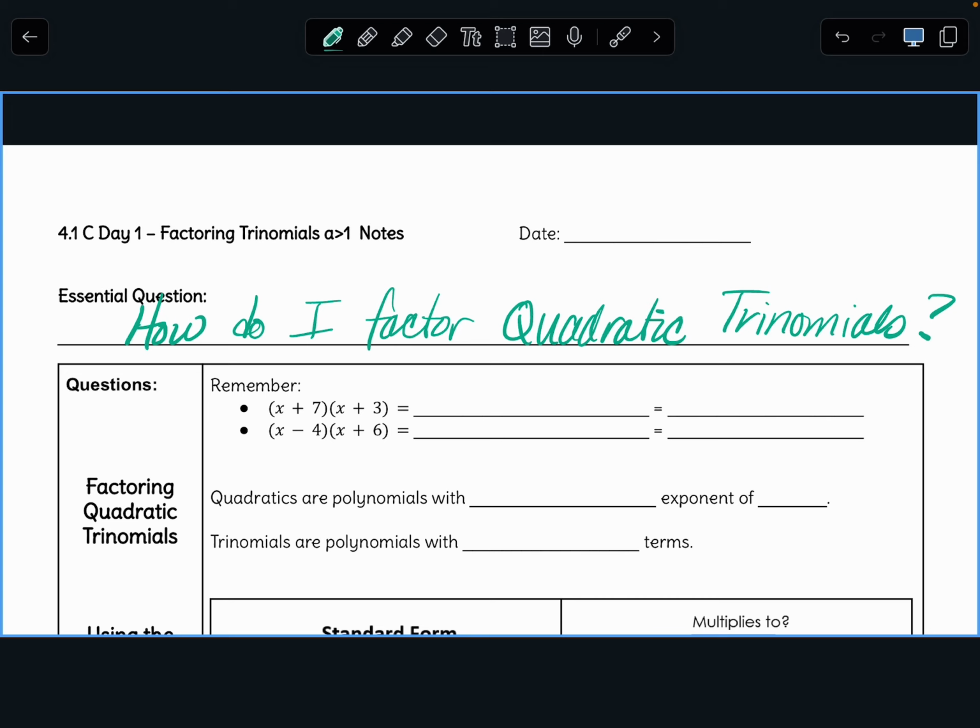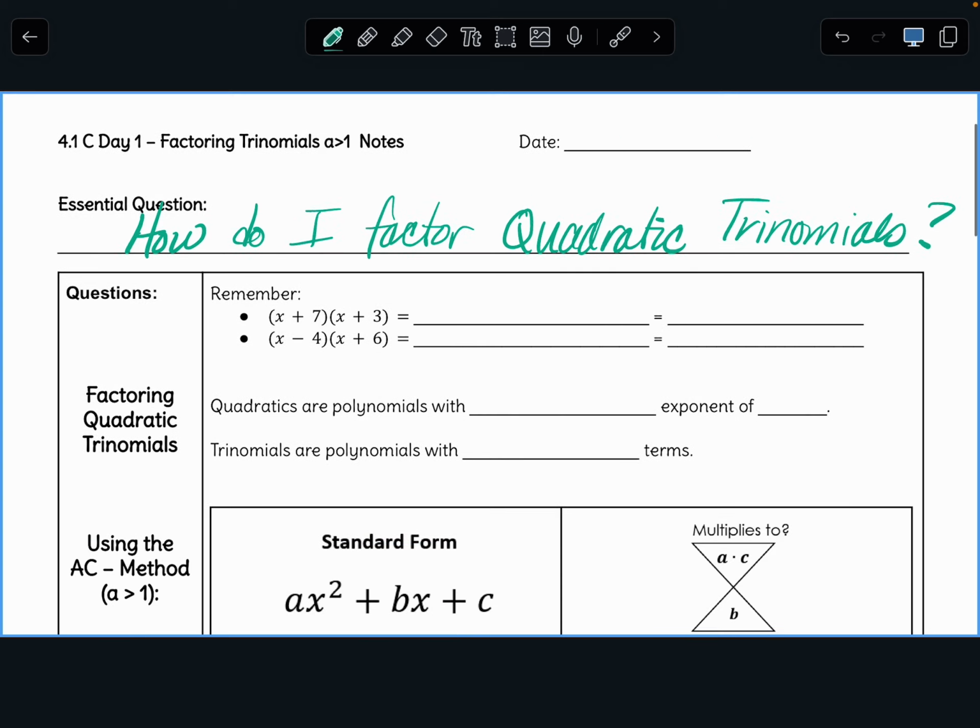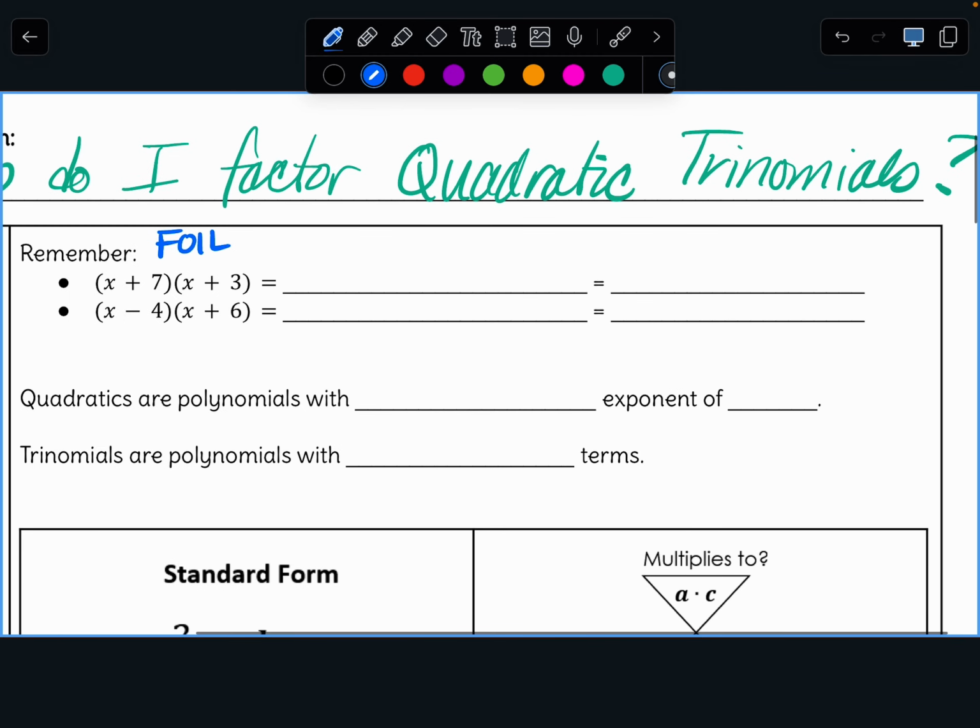So the first thing I want you to do is remember FOIL. So last year, and probably 8th grade, you learned how to FOIL. We called it foiling because that stands for first term. So x times x is x squared. Outside terms, that's the x and the 3, that's plus 3x.